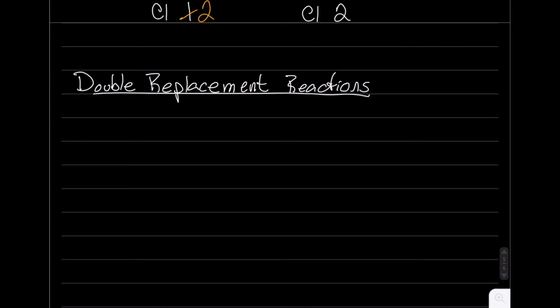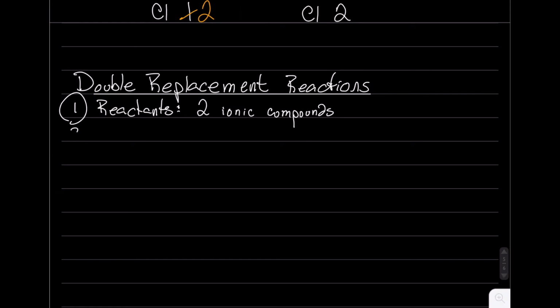For double replacement reactions, the reactants are going to be 2 ionic compounds. Our products are also going to be 2 ionic compounds.